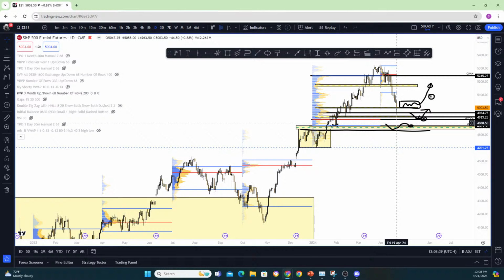Okay. So if you want to go long, what do you want to see on the bottom? A completed auction. Okay, good. What else? Single prints. Ah, single prints.